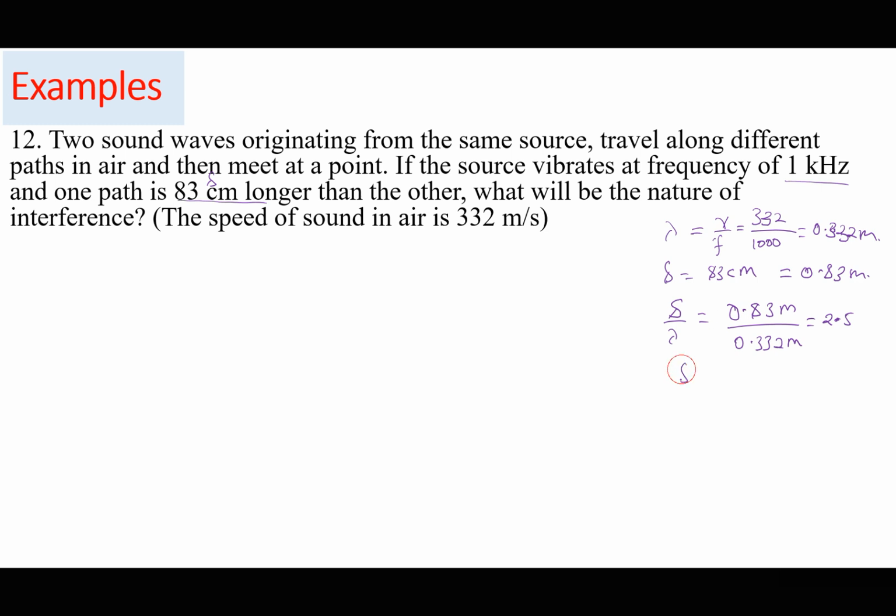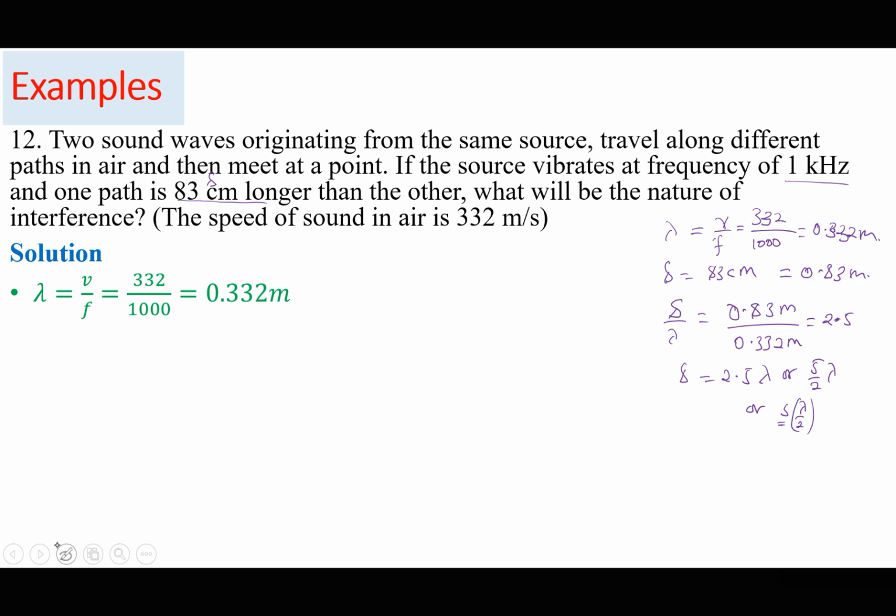So it means the path difference is 2.5 of wavelength, or it is 5 times lambda over 2, an odd number times half wavelength. That is destructive interference. So hence, this is going to be destructive interference.